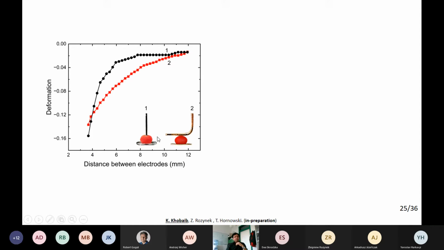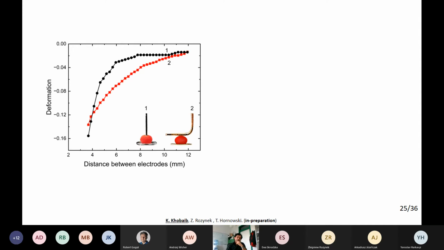Why does this happen? Because, as I said, at the tip of the electrode in the non-uniform electric field, the electric field is concentrated. When it touches the droplet, more charges are transferred to the droplet, and the droplet feels higher electrical stress and deforms sharply.